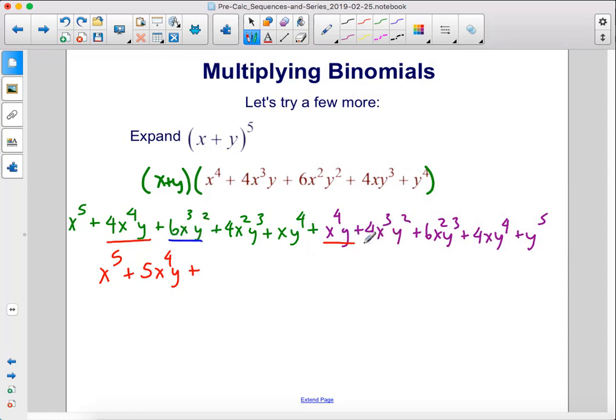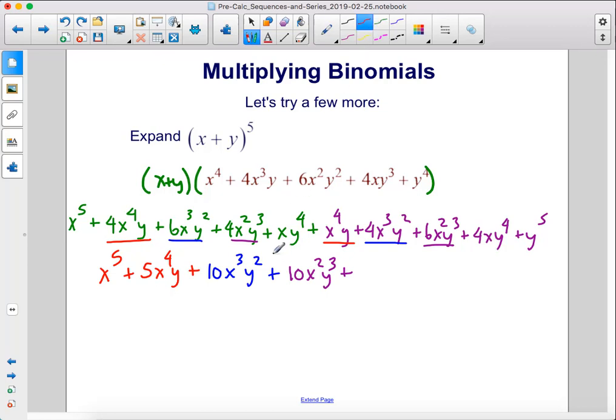Plus, all right, we have x cubed y squared here. We have 6 there and 4 there, so that's 10x cubed y squared. Plus, we have x squared y cubed. We have 4 there and 6 there, so that's 10x squared y cubed.